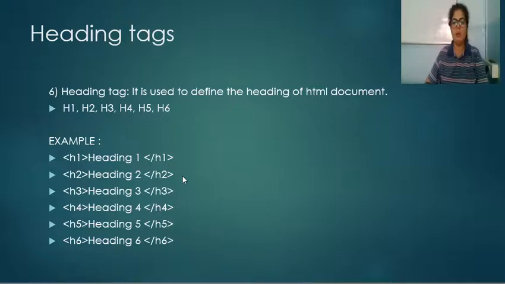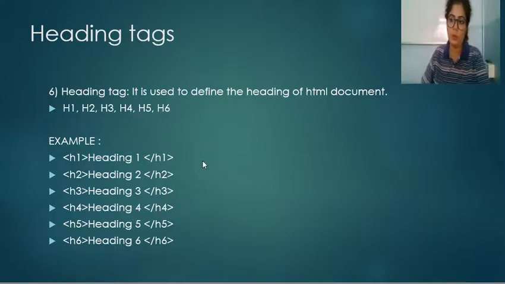Now I hope you must have seen that in a normal web page, or whenever you create a simple page in Word or in HTML, the main heading is of large size, whereas the subheading has less size than the main heading, because you have to differentiate between the main heading and the subheading, because it is the proper way whenever you have to write any heading or any structure.